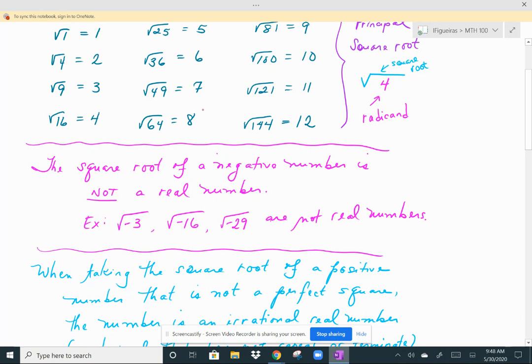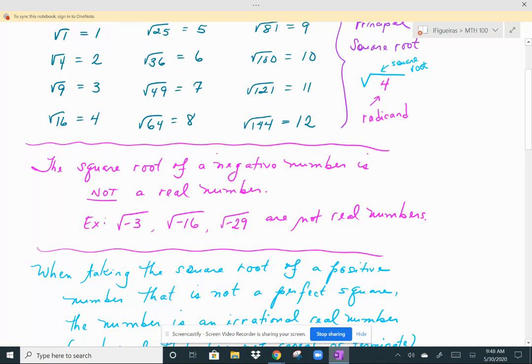For example, square root of 64 is equal to 8, because 8 squared equals 64. But with negative numbers, you can't square a negative number and get a negative result. So not a real number result.